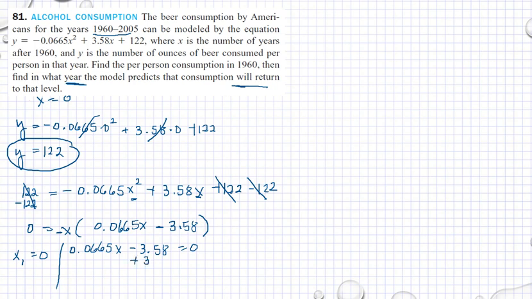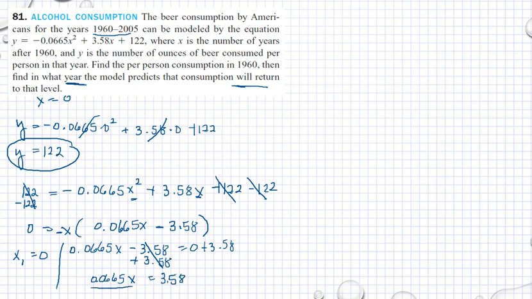Adding both sides of the equation by 3.58, then we have 0.0665x is equal to 3.58.